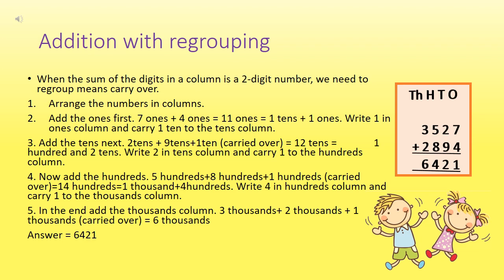And in the end, we will add thousands column. And we have 3, 2 and 1. Means 3 and 2 are given and 1 is carried over in thousands column. So 3 plus 2 plus 1 is 6000. So we get the answer 6421.